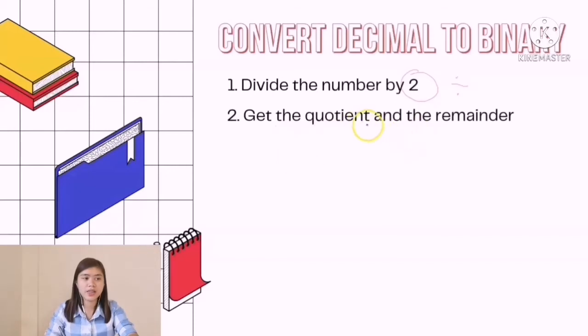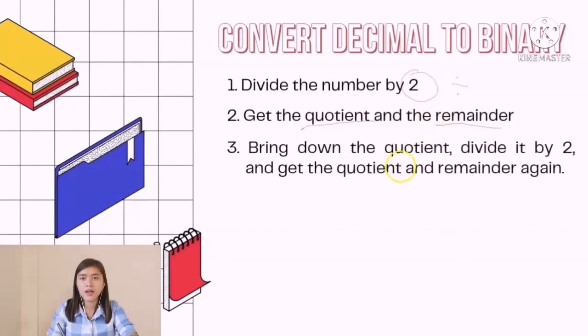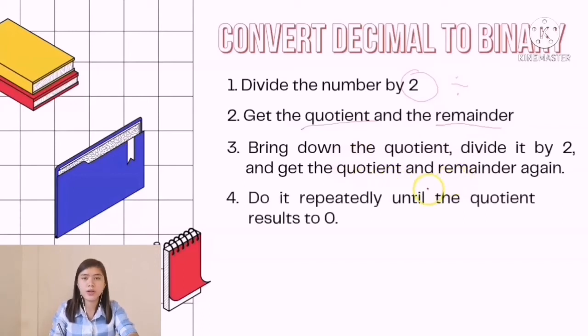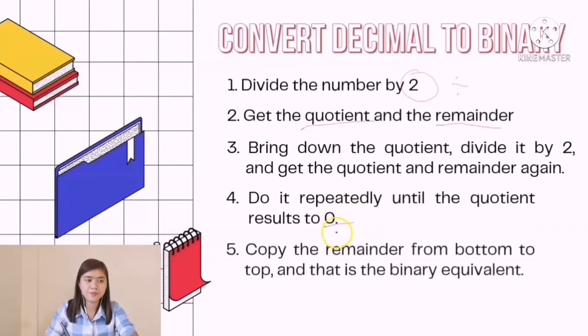Of course, when we are dividing the number, we are focusing on the quotient and the remainder. For the third step, you need to bring down the quotient divided by 2 and get the quotient and remainder again. So we're going to do this step repeatedly until the quotient results to 0. We should take note of this, so we will just stop dividing until we get the result 0.